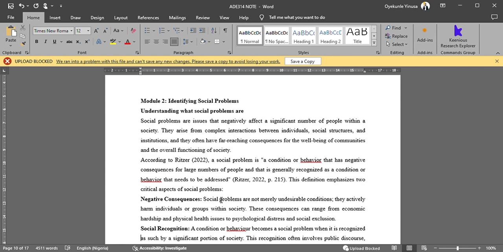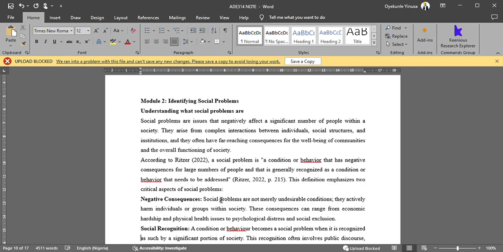Okay. In this ADE314 class, we'll be looking at identifying social problems. Remember last week we examined the concept of social welfare, what social welfare programs connote, the types or forms of social welfare packages provided by government.